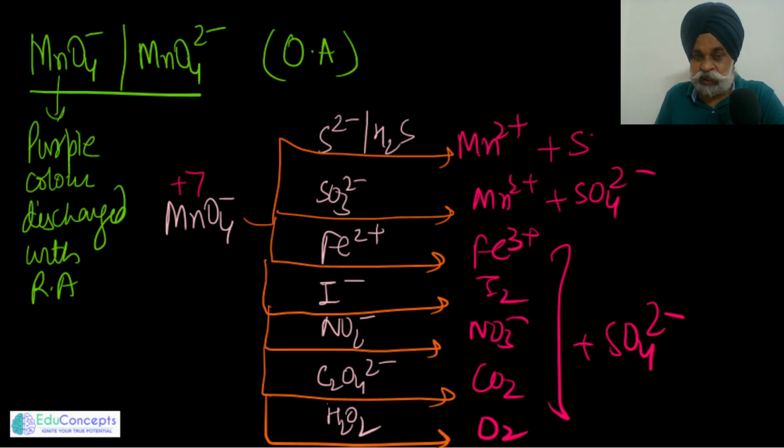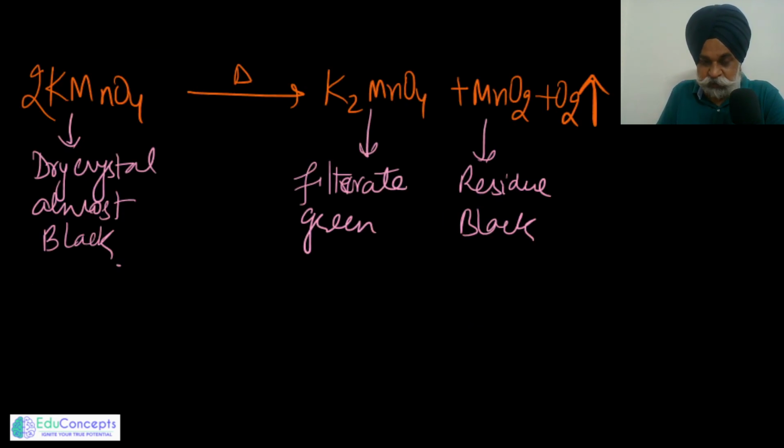And lastly, one detection you can also take: if the given salt at the very start has an intense black color, just heat it well. The dry crystal is almost black, and on heating the residue you would get is black.